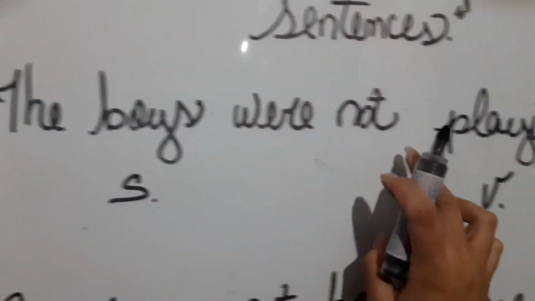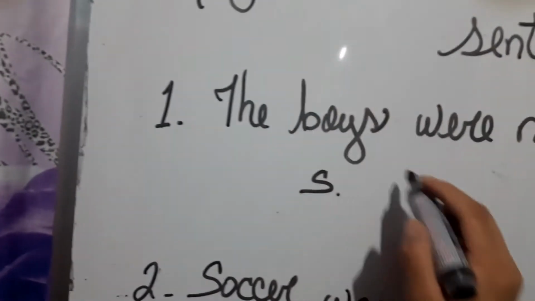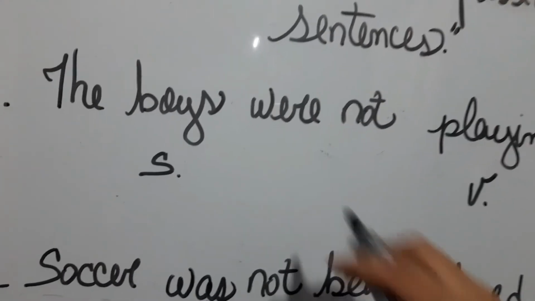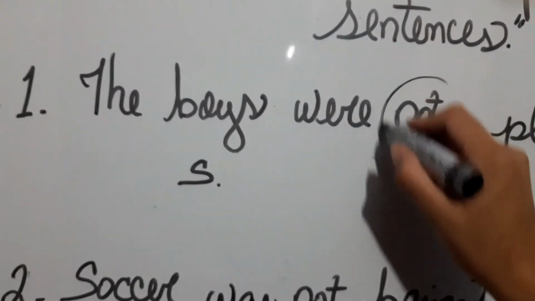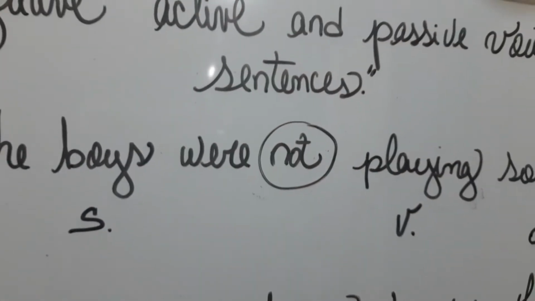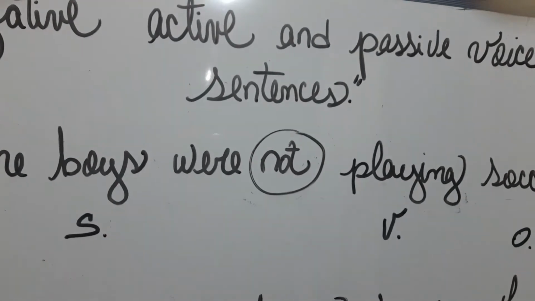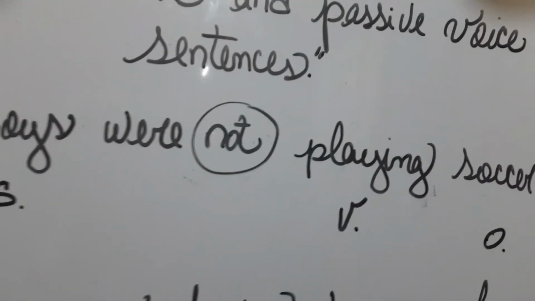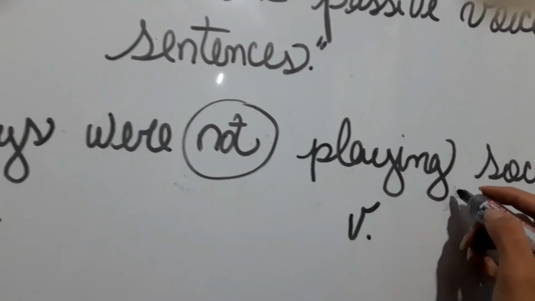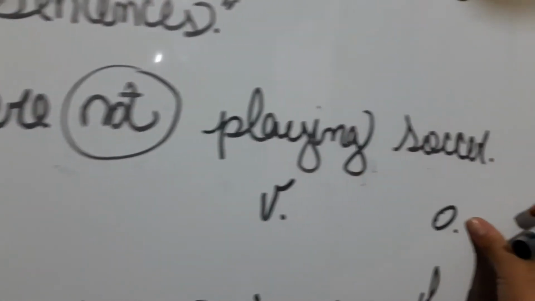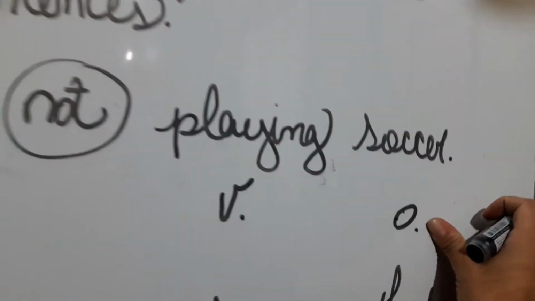The boys were not playing soccer. Our subject is the boys. Then we have were and add the not for making this sentence into negative. Then we add the verb with the ing, and at last the object of the sentence.